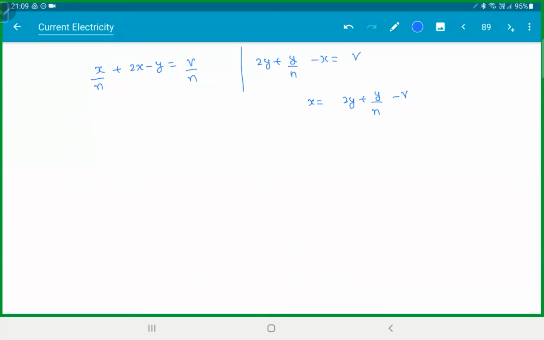Take this and substitute here. It's messed up, right? This would be 2y plus y by n minus v, times 1 by n plus 2, plus 2 times 2y plus y by n, minus y is v by n.